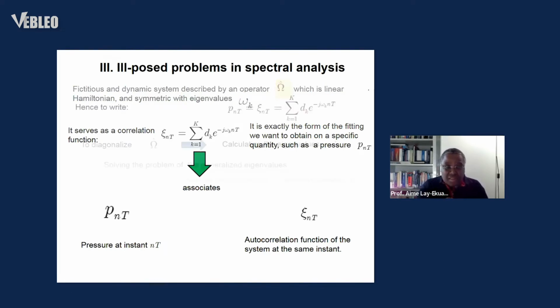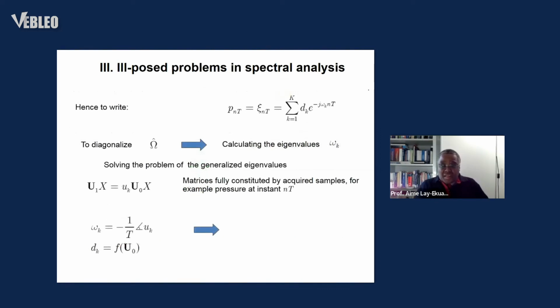So the idea is, in this case, I use P(nT) representing, for instance, the pressure in a pipe connected to this autocorrelation function.